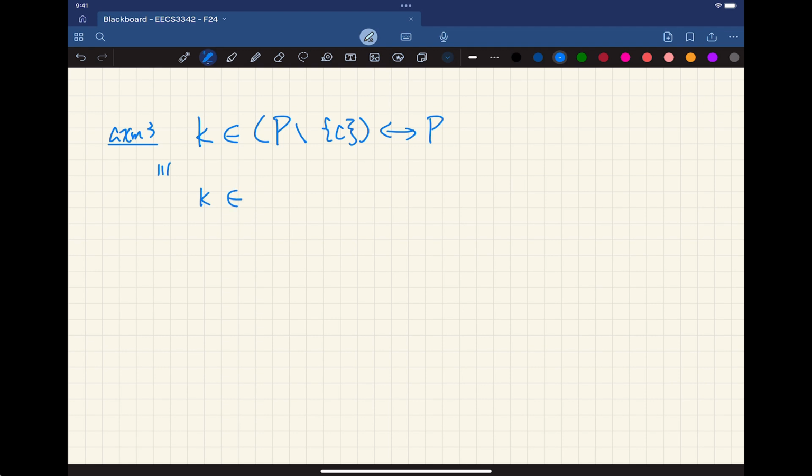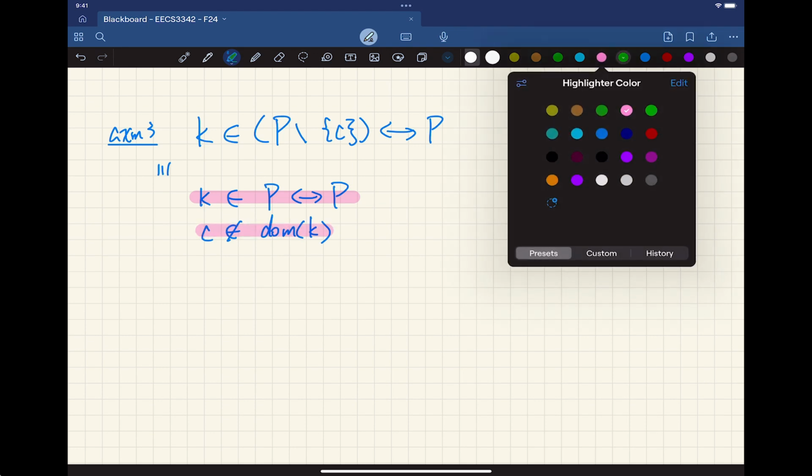K is a relation between P and P, which is very easy to understand, no restriction here. At the same time, the celebrity C is not in the domain of K. These two together are equivalent to that single one.